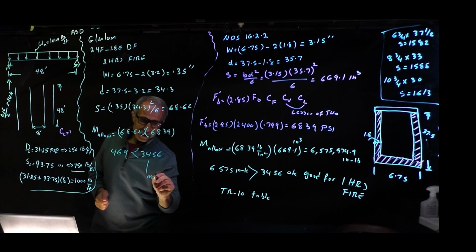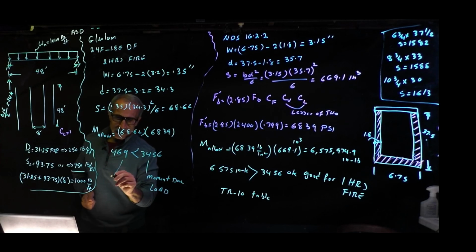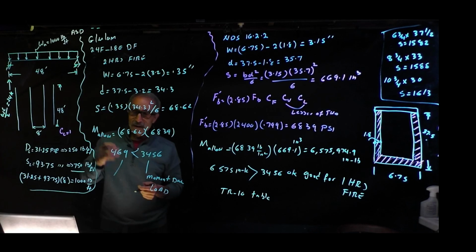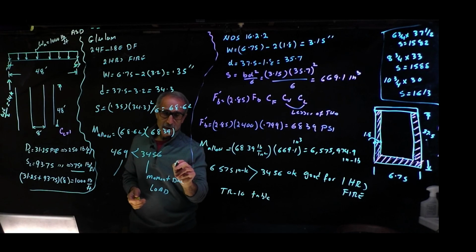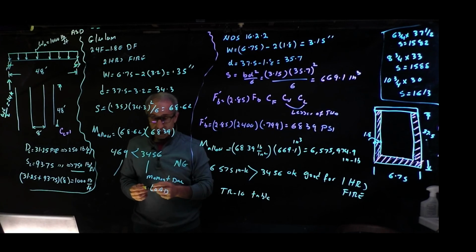That's the moment due to load and moment capacity after 2-hour rating. And you know it's not going to make it, no good. It's going to fall down. It's not good for 2 hours.